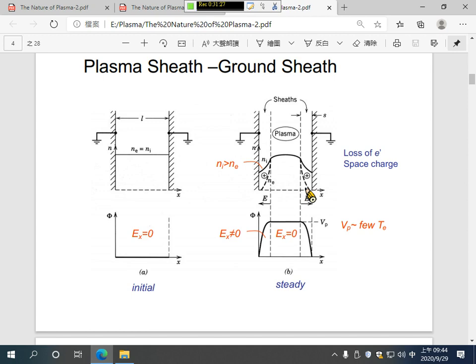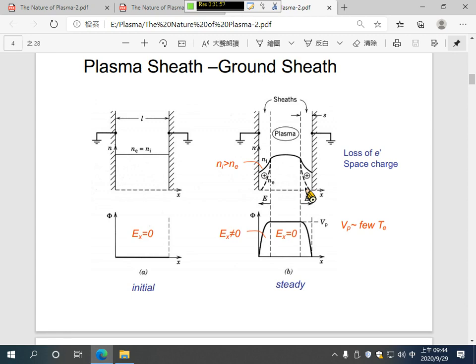And the sheath is very important, because later on when we place a material inside plasma, the material does not contact the inner part of the plasma. Instead, a sheath forms between the material and the plasma.